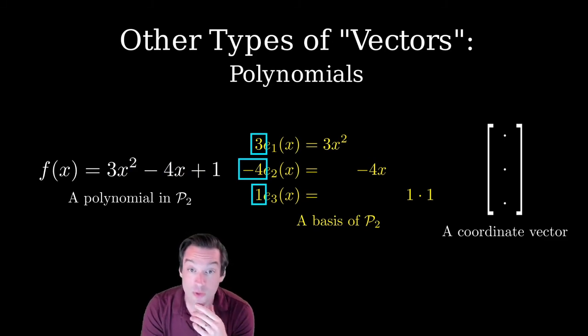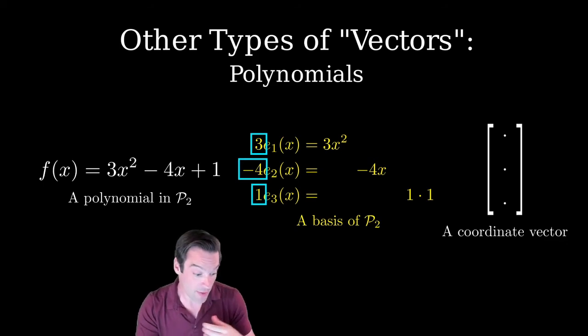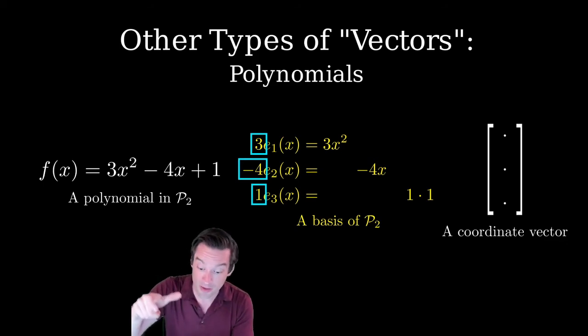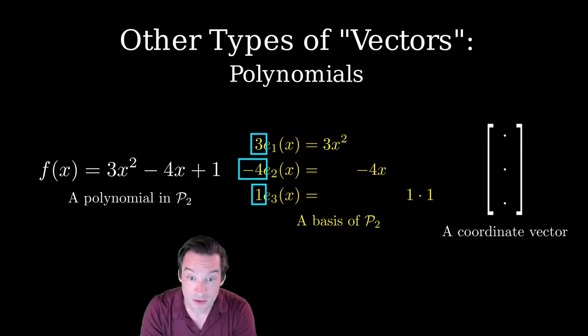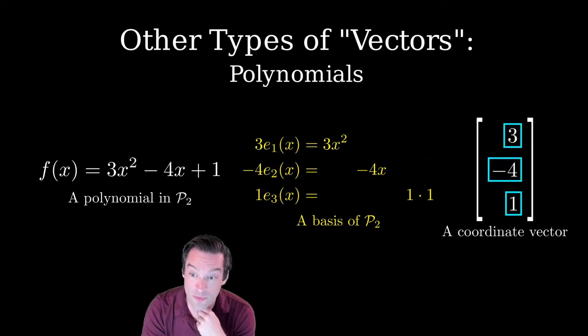And so a coordinate vector that we could use to represent this polynomial as a member of a three-dimensional, ordinary plain vanilla Euclidean space, R3, would just be the vector that has the components 3, negative 4, and 1, taken out of the expression of that polynomial with respect to the basis that we chose.